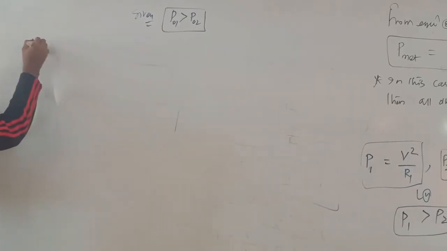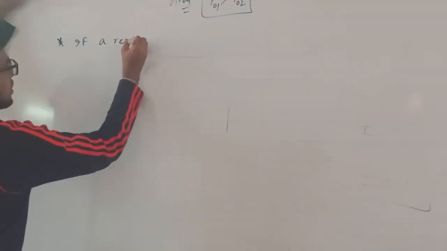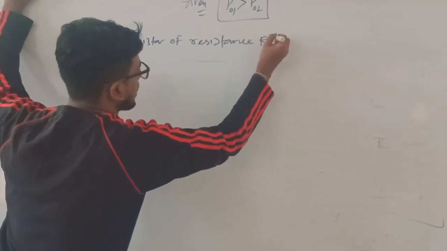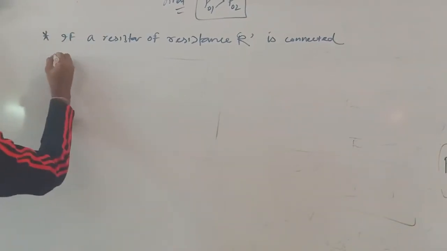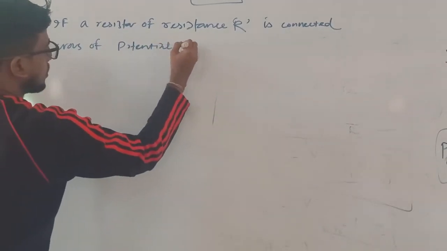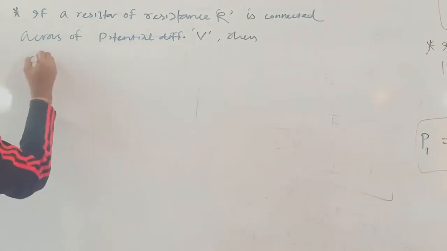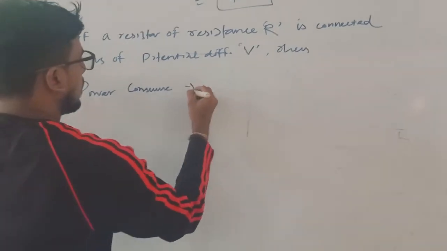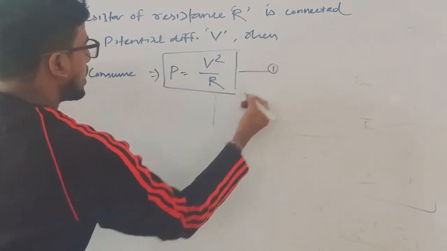So first point, if a resistor of resistance R is connected across a potential difference V, then power consumption, we can write, P equal to V square by R. Okay, let it be equation 1.